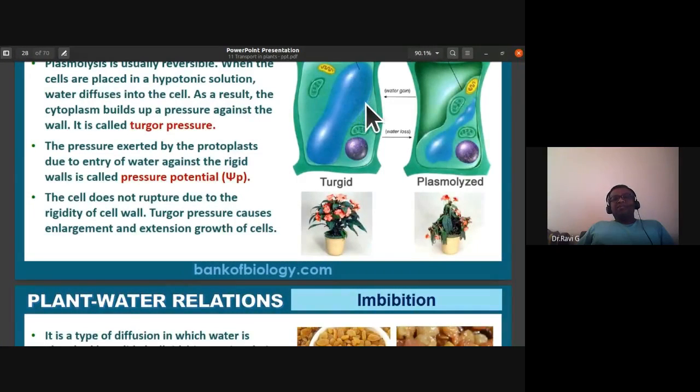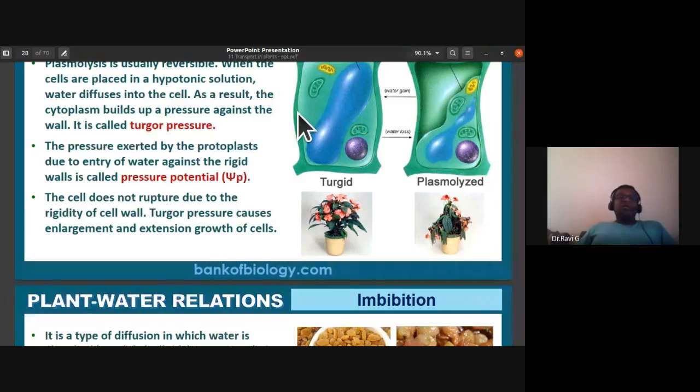Even though the cells become turgid, even though there is endosmosis, the cells do not rupture due to the rigidity of the cell wall. Whereas RBCs, if they are placed in a hypotonic solution, being animal cells they do not have a cell wall, so they are going to break or rupture.